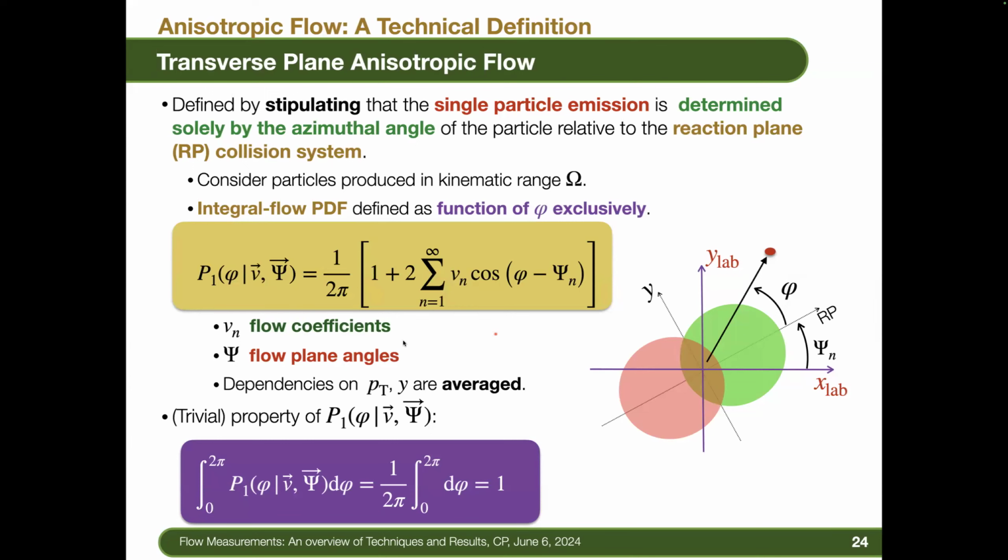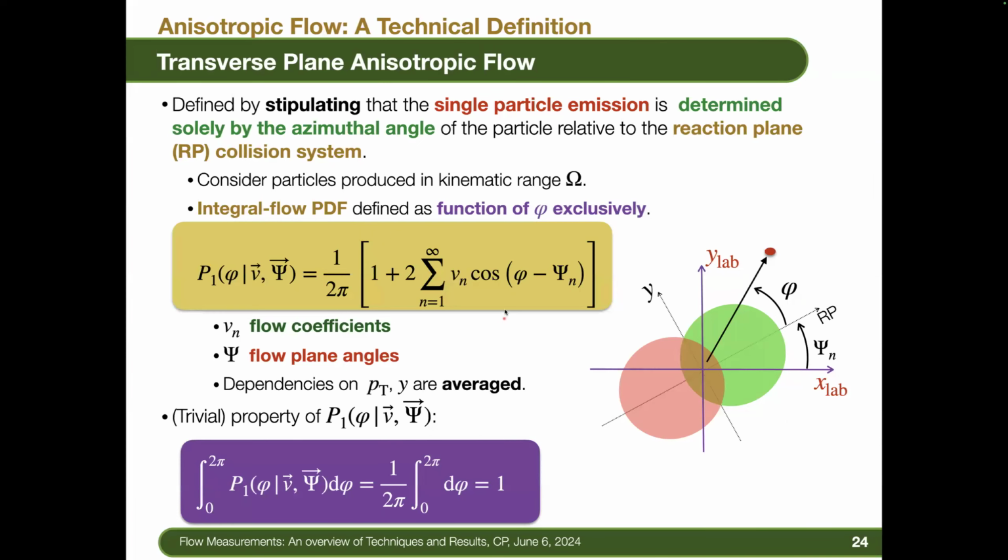phi. And we're going to model the distribution of the particles in the lab frame, and consequently also in the reaction plane frame, according to this so-called Fourier decomposition. This is the Fourier decomposition that Sergei Voloshin introduced already at the beginning of the RHIC era.